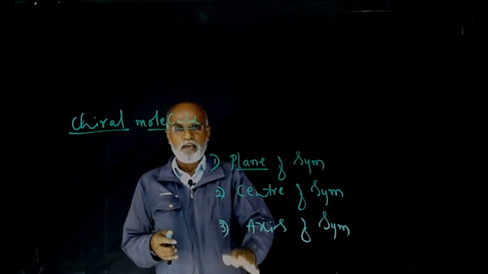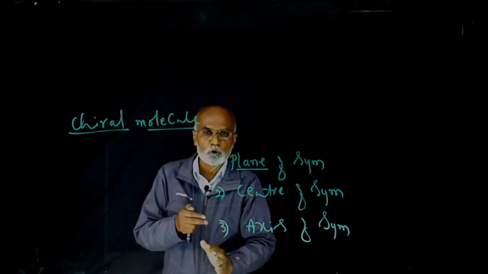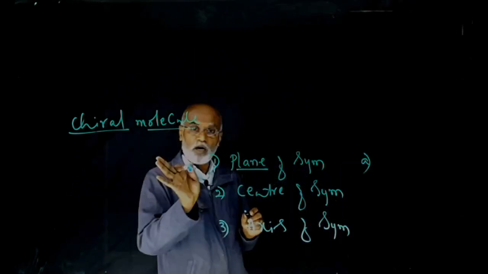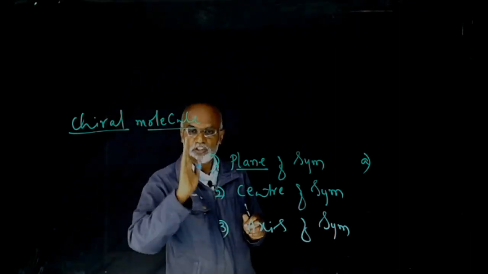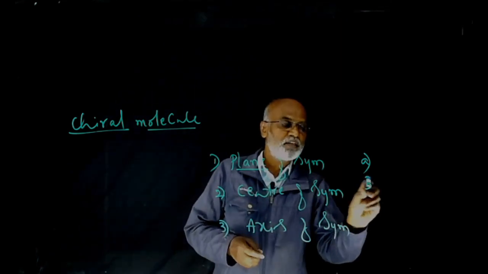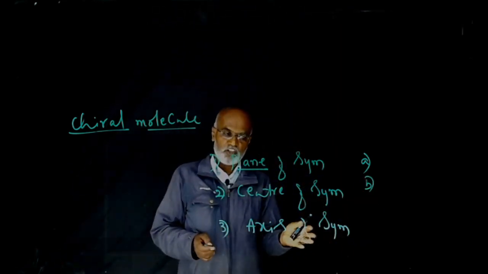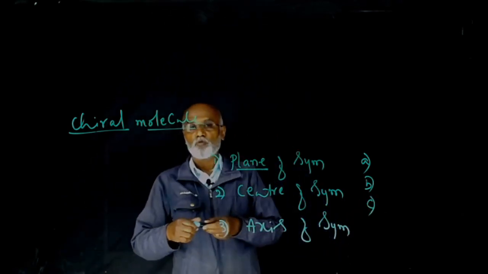A plane of symmetry is an imaginary plane which divides the molecule into two identical halves, not just two halves. Please remember, it must divide the molecule into two identical halves. Second, the two halves must be related to each other as an object and mirror image. Third, they must be non-superimposable on one another.